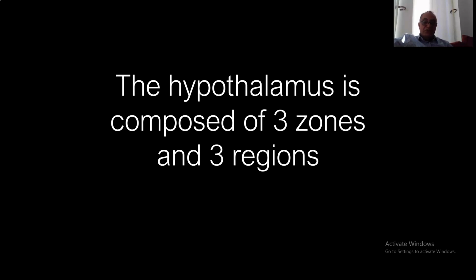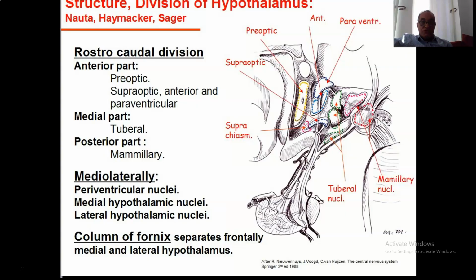And the regions is from rostrocaudal, or from anterior to posterior, as you will see. If we are discussing the medial part, we'll find that there are some nuclei in the medial part, what we call the periventricular nucleus, adjacent to the third ventricle, medial and lateral hypothalamic nuclei.